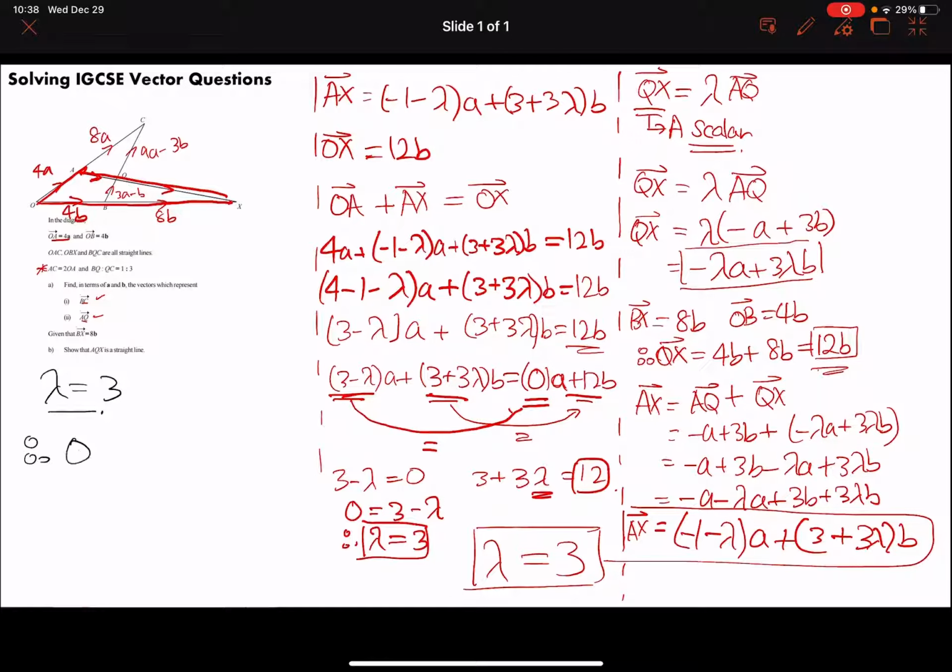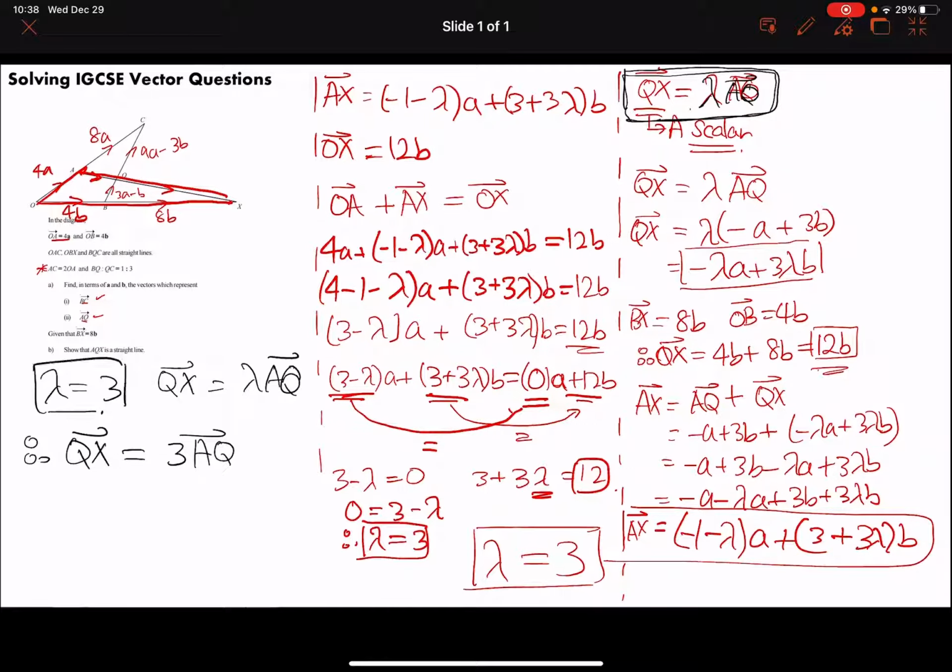As we know this equals 3, therefore QX is equal to 3 of AQ. As stated on the right hand side of the page, QX is equal to this times AQ, and as we know this is equal to 3, QX is equal to 3 times AQ.